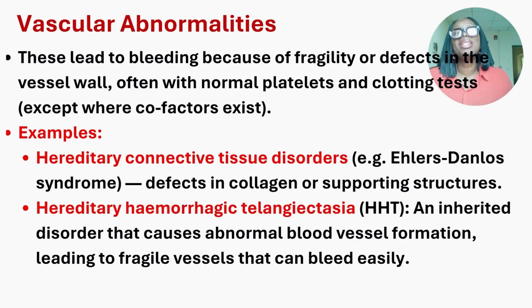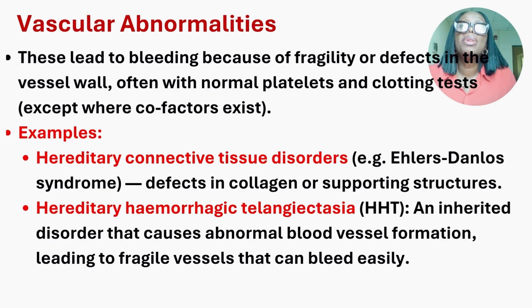Let us look closely at the bleeding abnormalities that have to do with the parts of hemostasis. Like we said, we have four: vascular abnormalities, platelet abnormalities, secondary hemostasis abnormalities, which have to do with coagulation factor deficiencies, and fibrinolysis abnormalities. Let us look at some of the diseases that fall under vascular abnormalities.